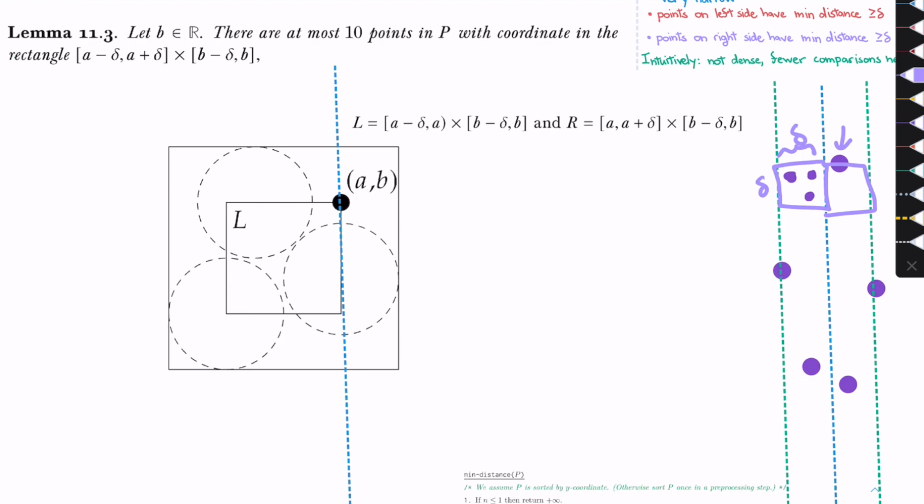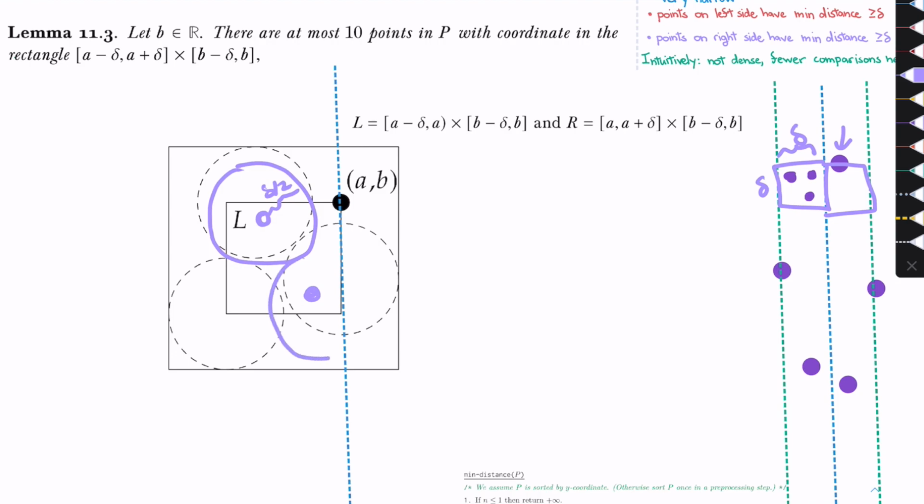Okay, so how can I get that down on paper? We can try to do what's called a geometric packing argument. Every point that's inside here, I know they have to be delta apart from each other. Imagine drawing a ball around any point inside this square of radius delta over 2.